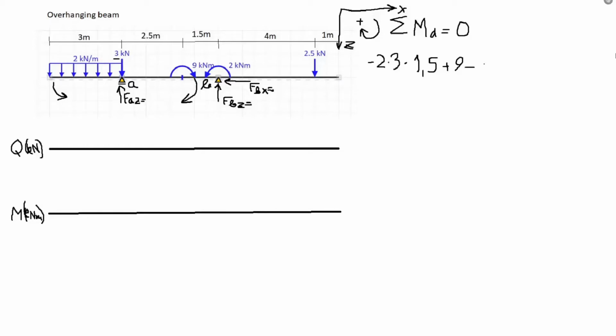Next we have our 2 kilonewton meter moment, and since this goes counterclockwise relative to point A, this is a negative moment. Then we have our unknown, which is FBZ times its moment arm, and since this moves the beam counterclockwise, this is a negative moment, and the moment arm is equal to 4 meters.